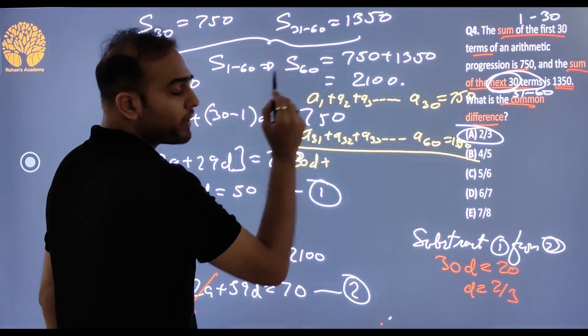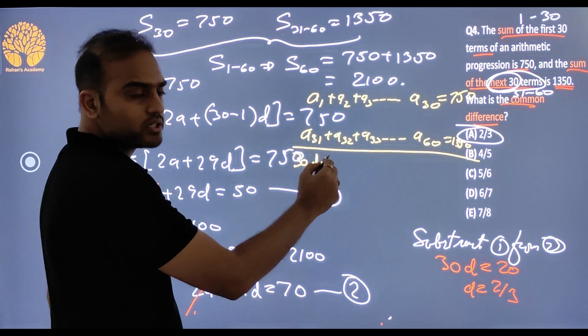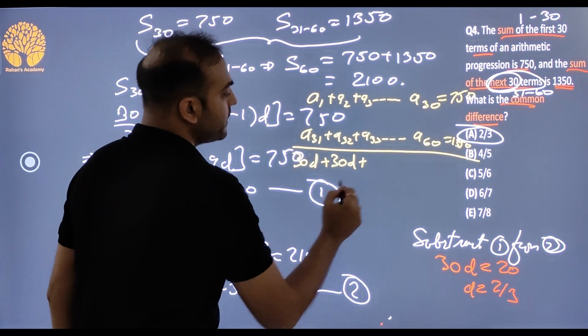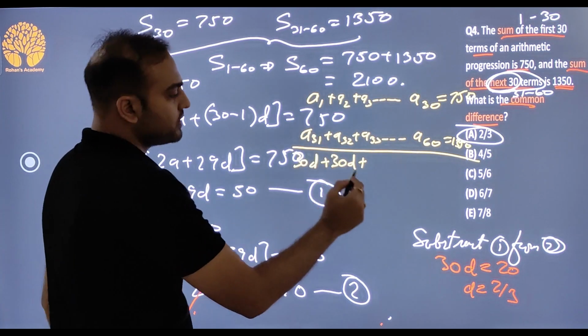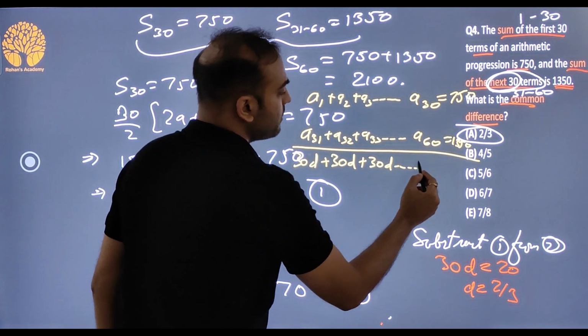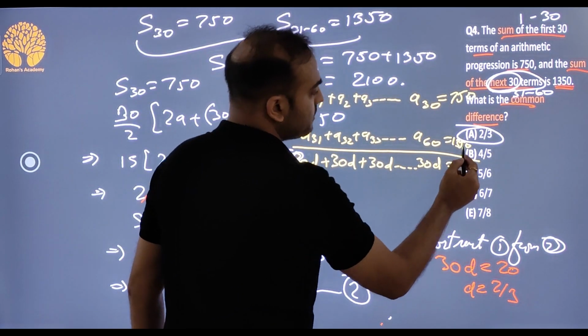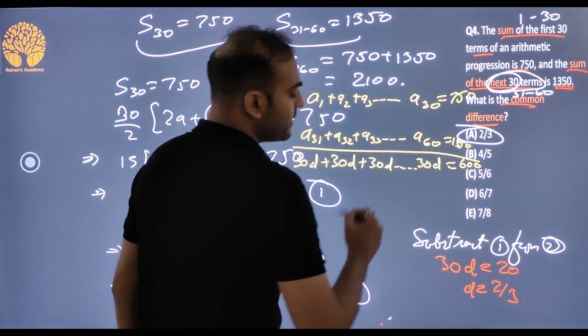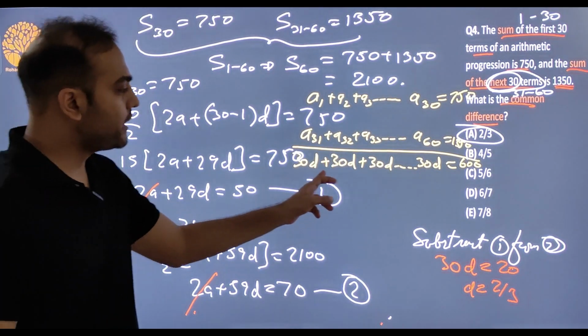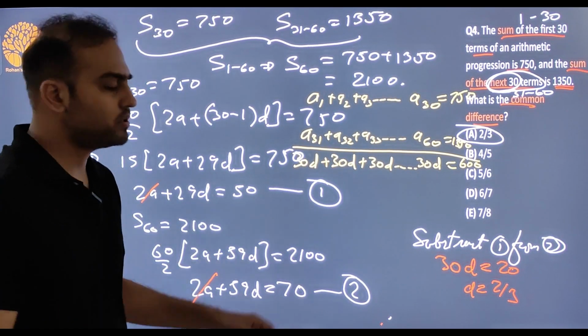Similarly, A32 minus A2, again the gap is 30 terms, again 30D. A33 minus A3, again 30D. A60 minus A30, again 30D. 1350 minus 750 is 600. How many times is this added? 30 times.